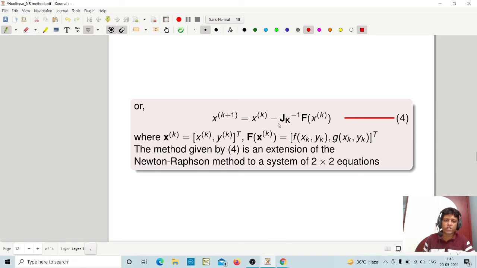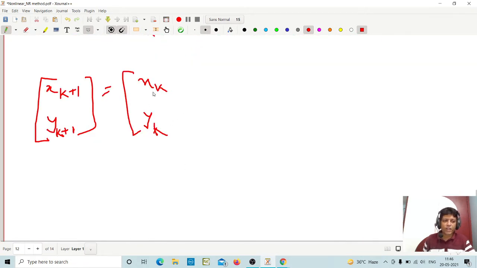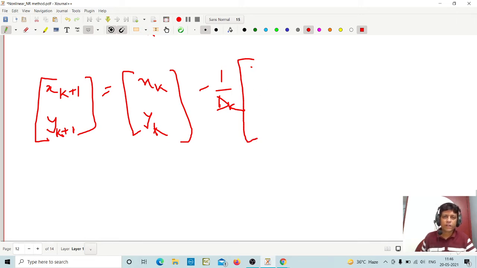Xk plus 1 is equal to xk minus Jk inverse F of xk, right? And xk is this matrix actually. Okay, xk yk minus 1 by dk, that matrix 3yk squared minus xk plus 2yk.